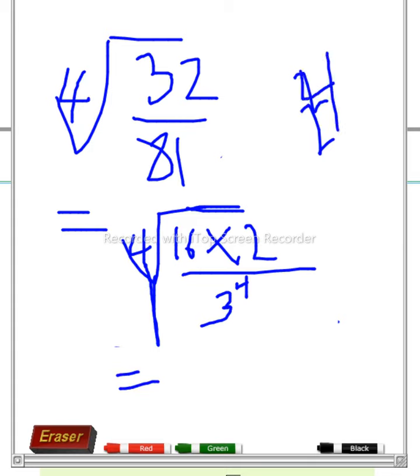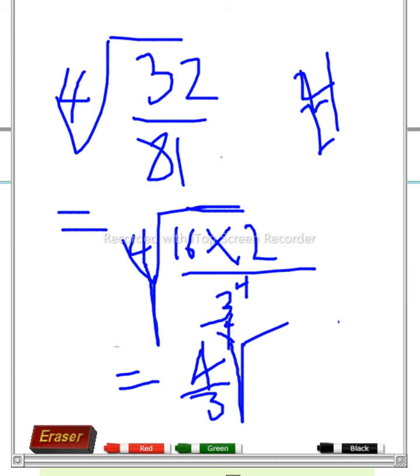So it will come out like this: 2 over 3, the 4th root of 2.